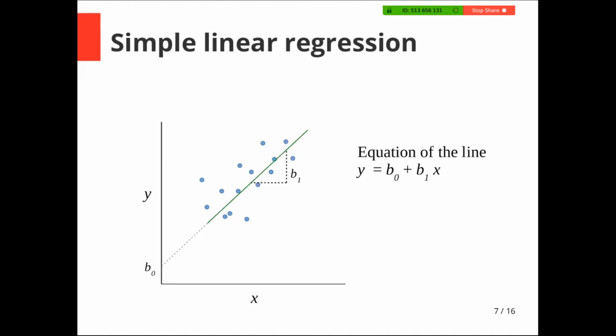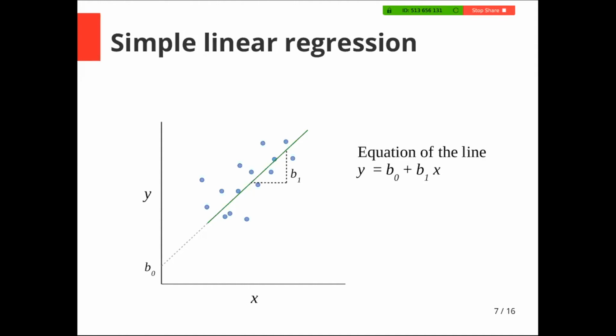And that model is described by this equation. What is y? Y is our dependent variable, and x is our independent variable. B0 is the point where the line, when we extend it, touches the y-axis, so it's the intercept. And b1 is the distance from here to here, in such a way that this distance is 1 unit.